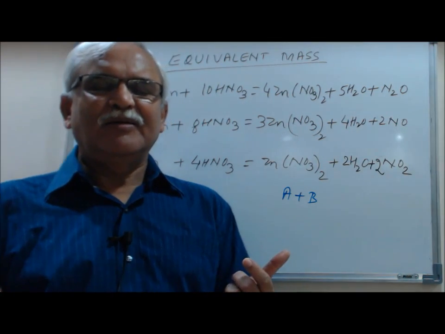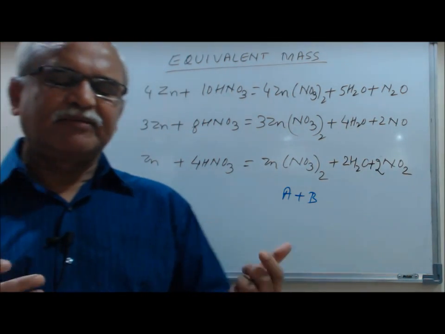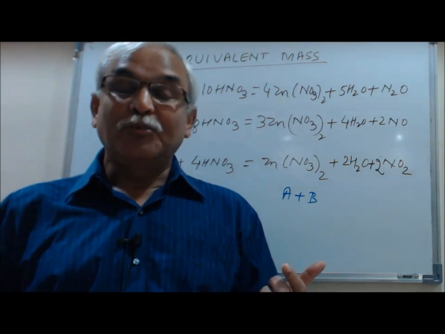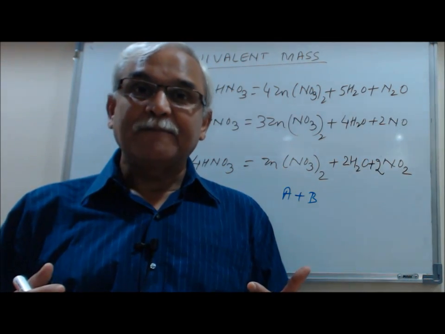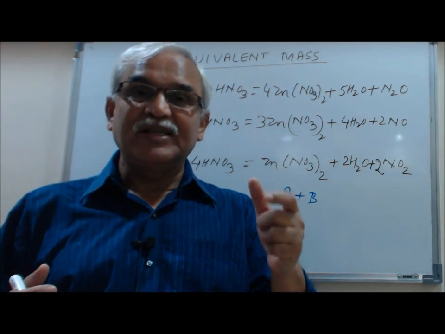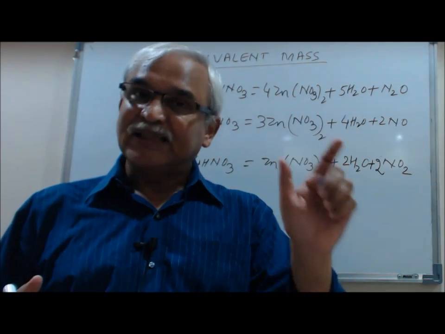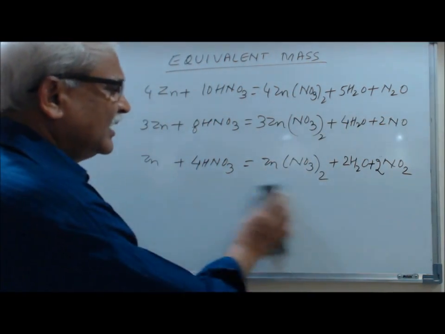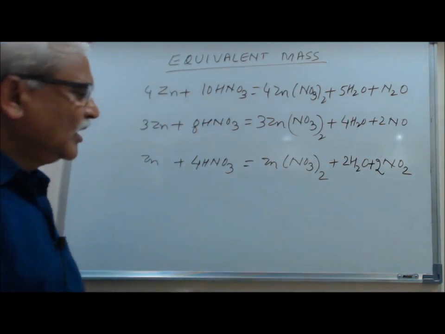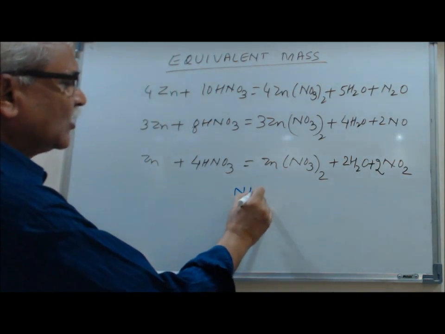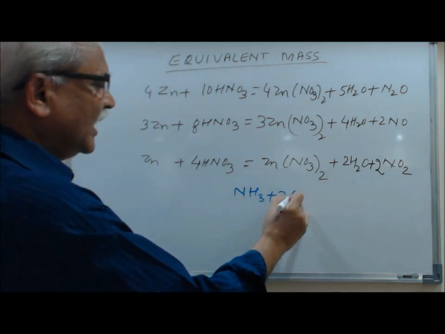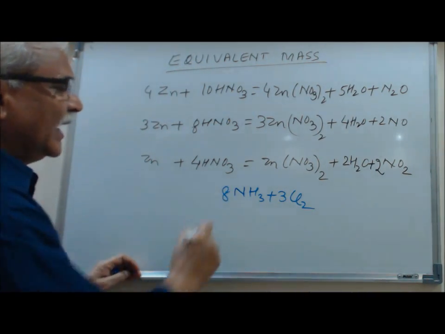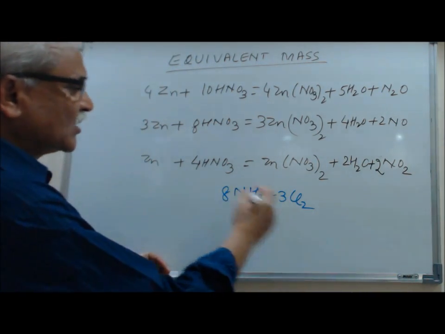Please recall, when you did chemical equations in school, you might have wrongly interpreted that there is a fixed ratio in which two given molecules react. That is not true. There are many such examples. You must have seen this reaction, ammonia and chlorine. Ammonia and chlorine can react in the ratio 8:3, that is, excess of ammonia.